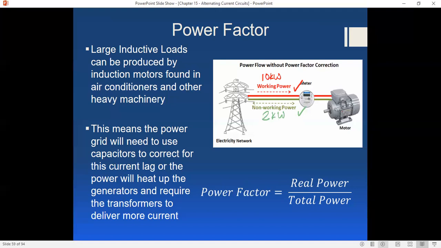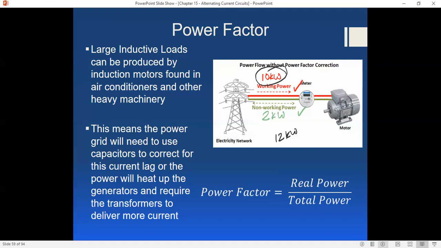That means that the system has to handle now 12 kilowatts of power, where only 10 kilowatts of power were actually being used to do anything, because the transmission lines themselves, due to their resistive heating, can only take so much current before they have to shut down.